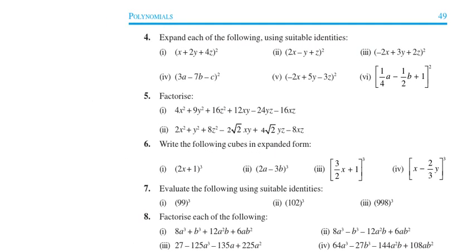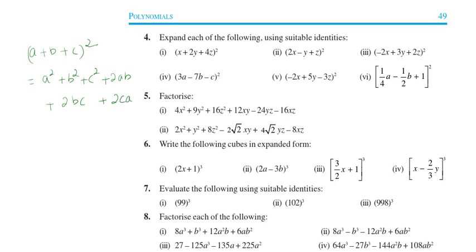Yes. The identity is (a + b + c) whole square. So the expansion is a square plus b square plus c square plus 2ab plus 2bc plus 2ca, right?